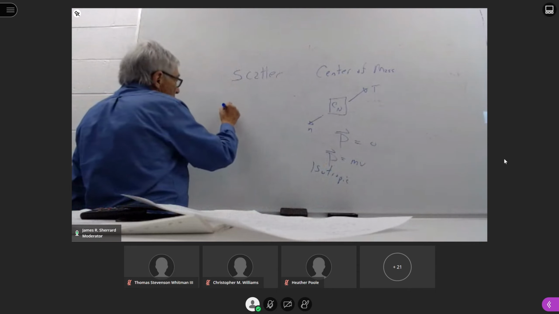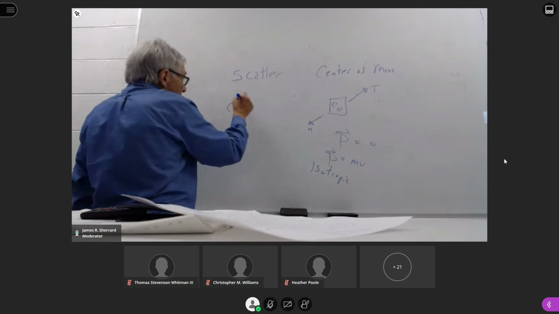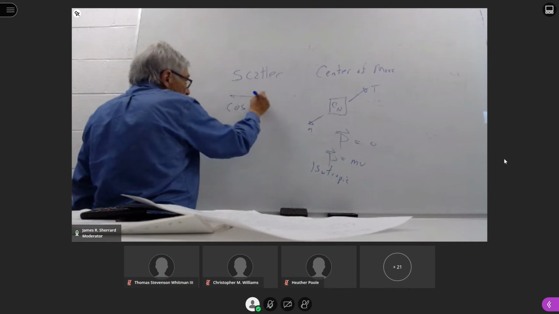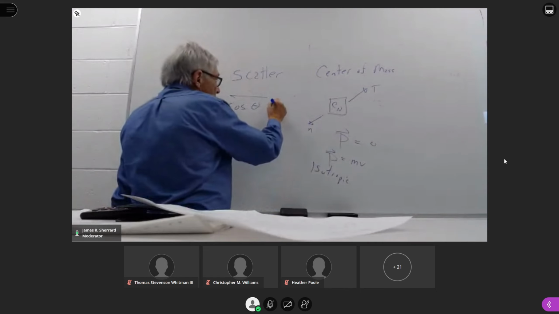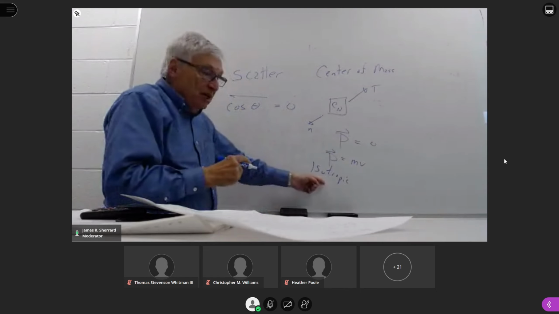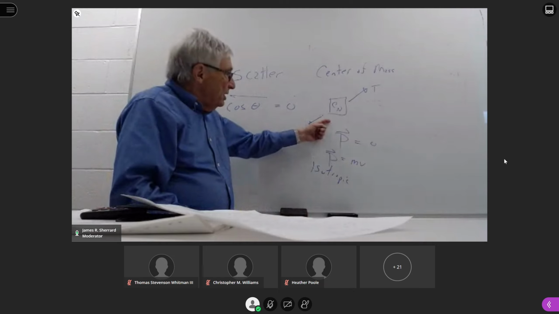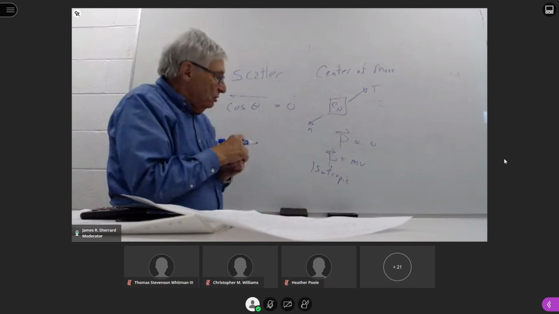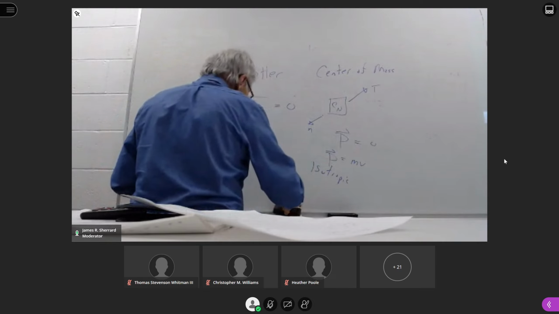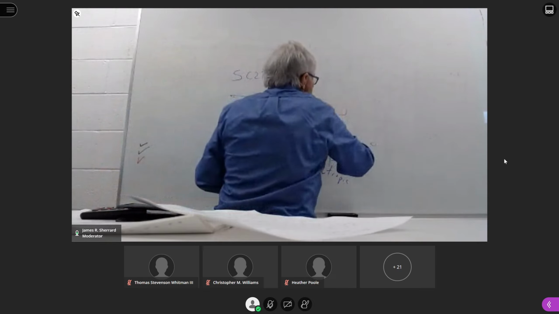So when you look at the cosine average value of theta for the center of mass system, this is 0 because it is isotropic. If you're sitting here, it has a probability of going in any direction. So it's 0.